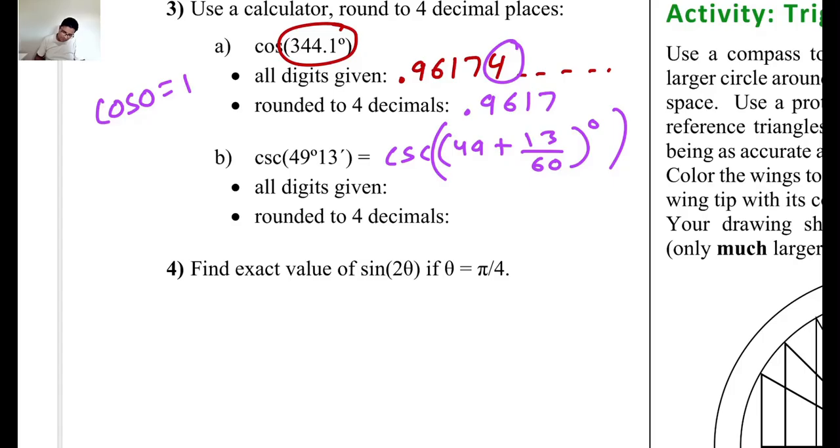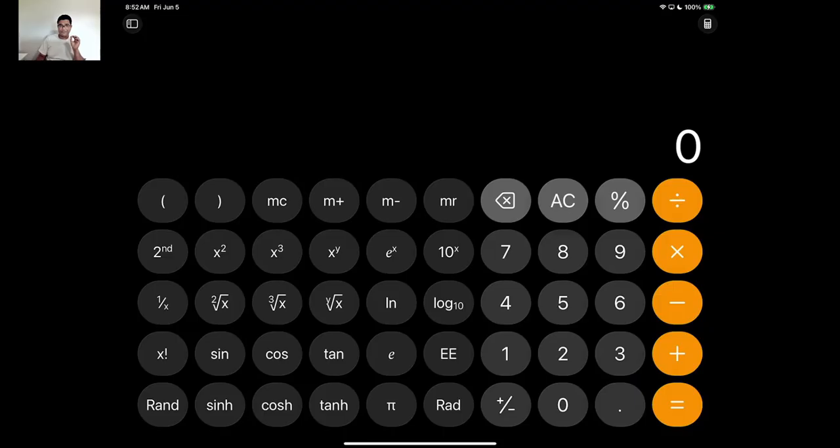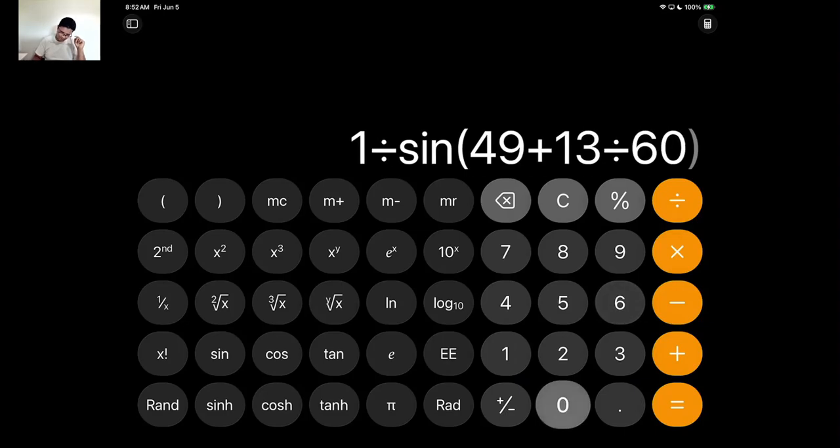So it's not going to have a cosec button. What do you use? You use the sine: 1 divided by sine. And what was the sine of? 49 plus 13 divided by 60.